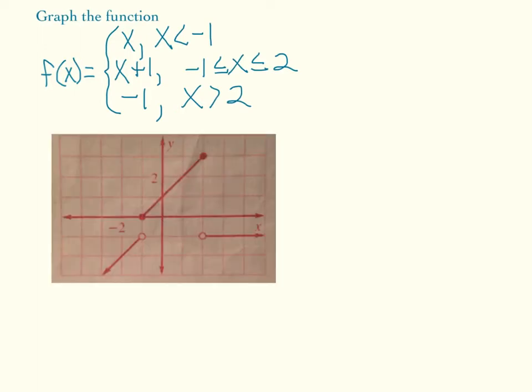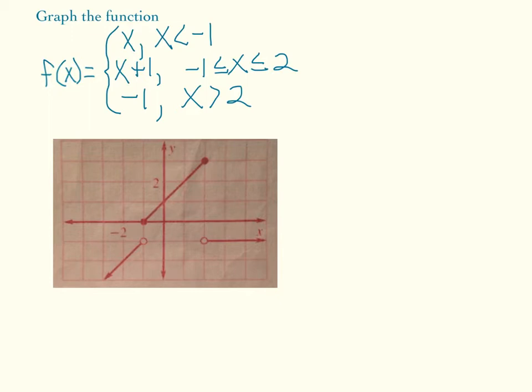So the first part is y equals x for all x's less than negative 1. So right here at x equals negative 1, we have an open circle, and then this is the graph of y equals x. If you were to continue that out, it would have a slope of 1 and y-intercept of 0. But we're not. We're stopping it right here when x is negative 1.